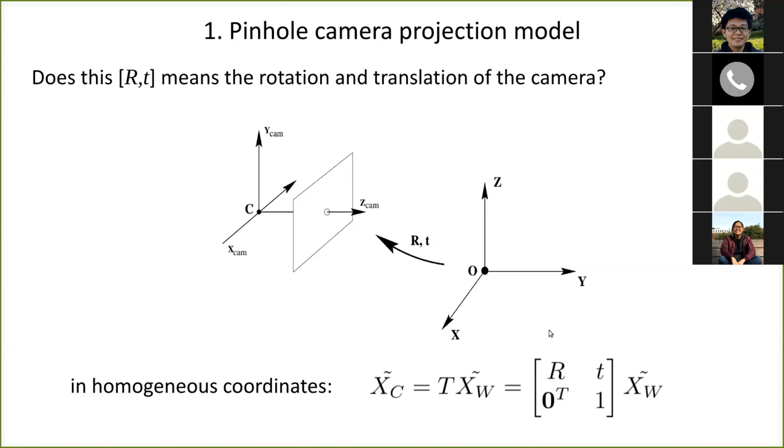So this R and T does not represent the rotation and translation of the camera itself, but represent the rotation matrix and translation vector that map the coordinates of the world coordinate system to the camera coordinates. Okay, so we need to know the difference.